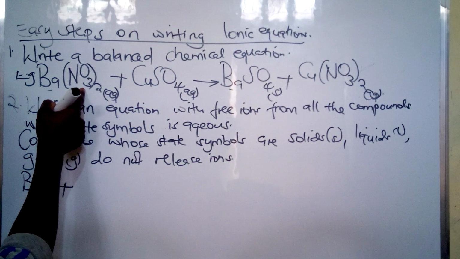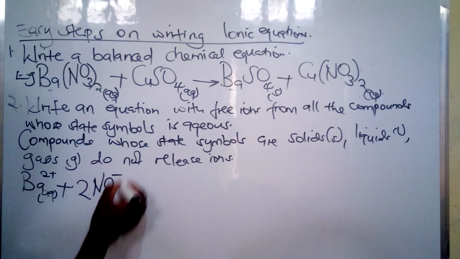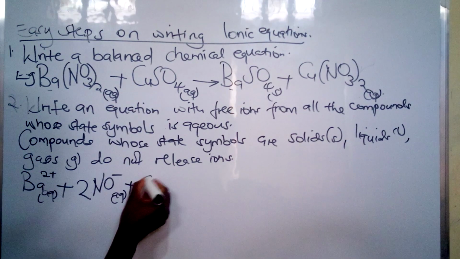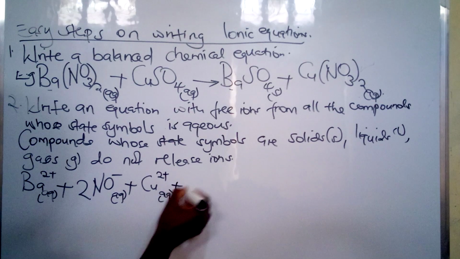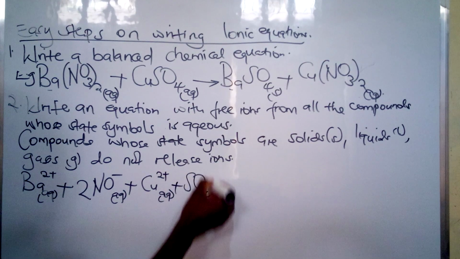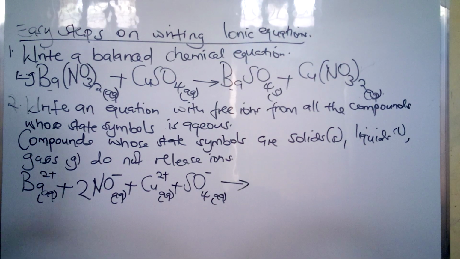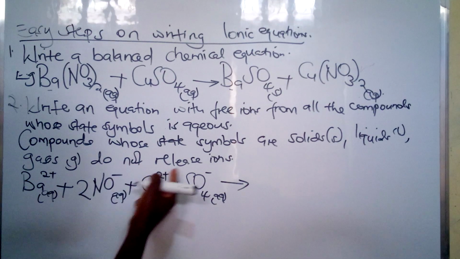We have 2 nitrates here, so we are going to have 2 nitrate ions, negative aqueous, plus copper with a valency of 2 plus aqueous, plus sulfate ions, negative aqueous to give us, we've said that compounds whose state symbols are solid do not release their ions.